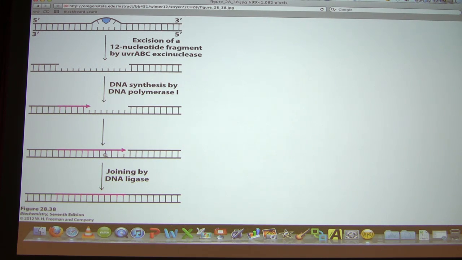Well, when this happens, there is an enzyme called, here's a mouthful of a name for you, UVR-ABC exonuclease. It comes along and does everything in one. It recognizes, it chews back, it removes the damaged piece, it allows DNA polymerase to come back in and fill in the gap, and DNA ligase seals it, and everybody's happy again.